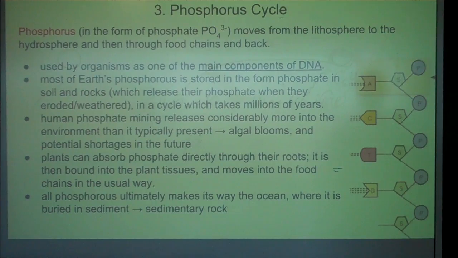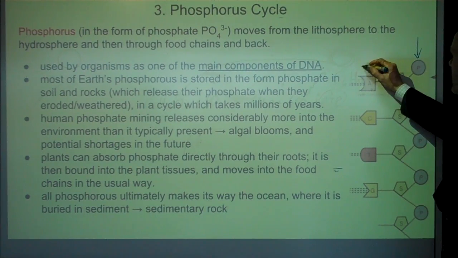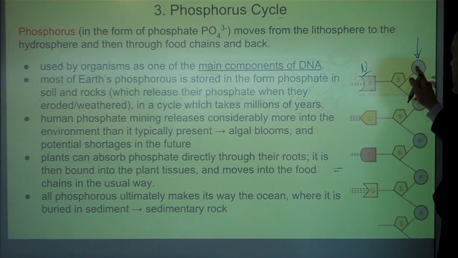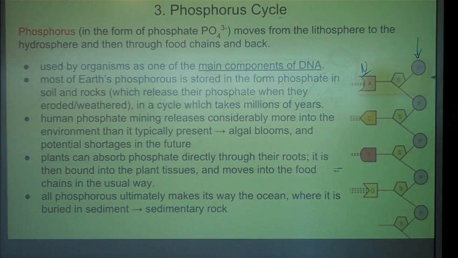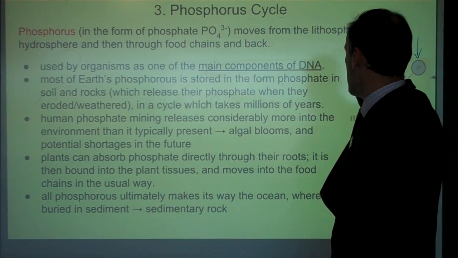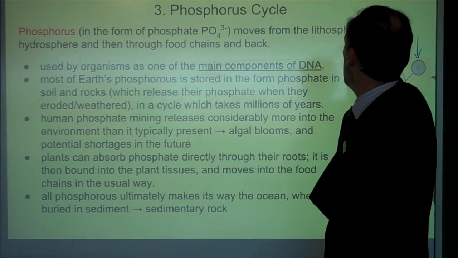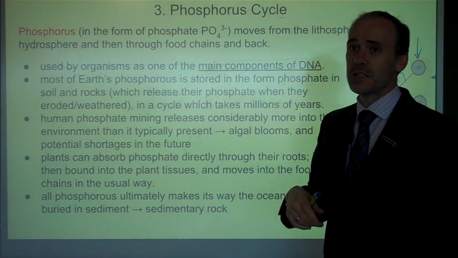So again, if you don't have phosphorus, so remember, you've got your nitrogen in the nitrogen base over here, and you've got your phosphorus in the spine of the DNA, and all living things rely on DNA. No phosphorus, no nitrogen, you've got no life on this planet. Okay? So, again, used as the main component of the DNA. This is how it reaches from the lithosphere, then to the hydrosphere, and then through food chains and back.